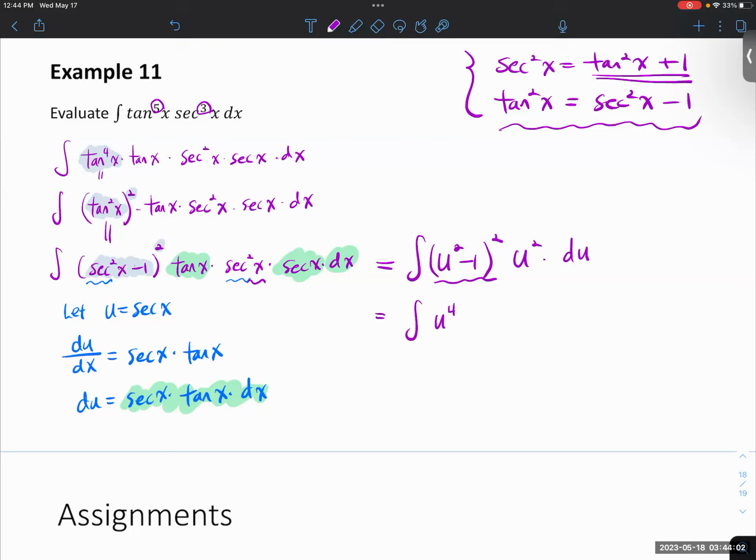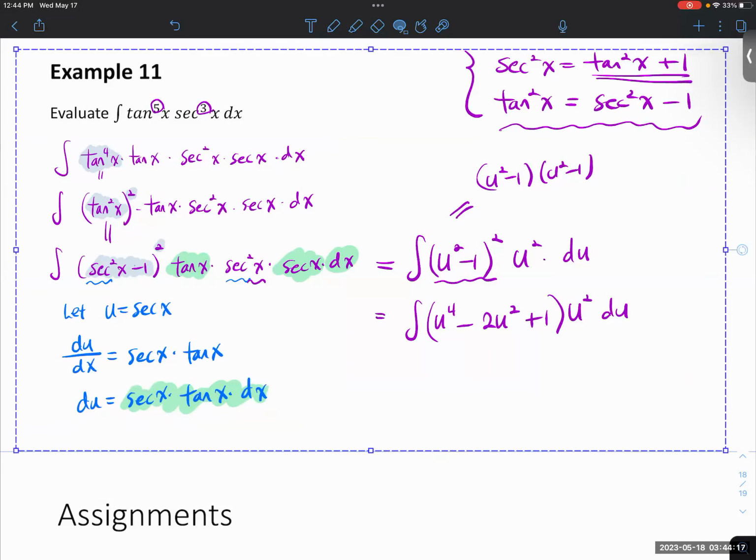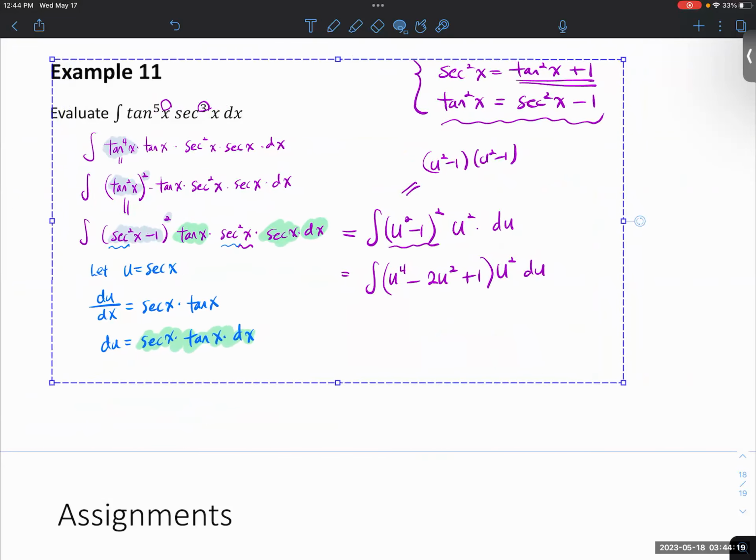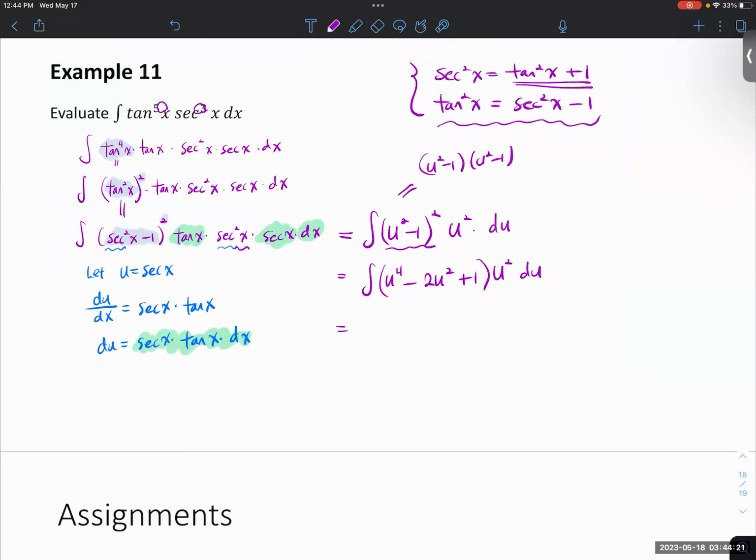So u to the 4, because that means u squared minus 1 squared, you multiply the same thing. So it's going to be u to the 4 minus 2 u squared plus 1, and I have u squared du. I'm going to minimize it a little bit.